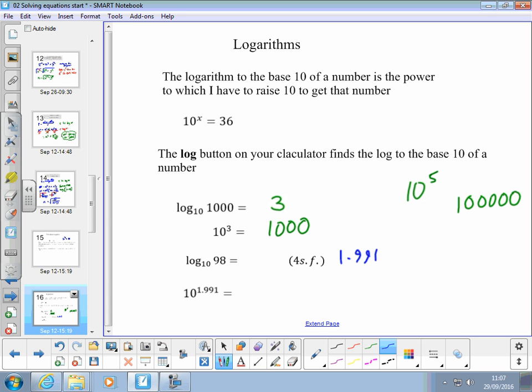It comes out as 97.94, to 4 significant figures 97.95. Yeah. So log and 10 to the x, as we talked about on the other page, are mathematical opposites of each other.